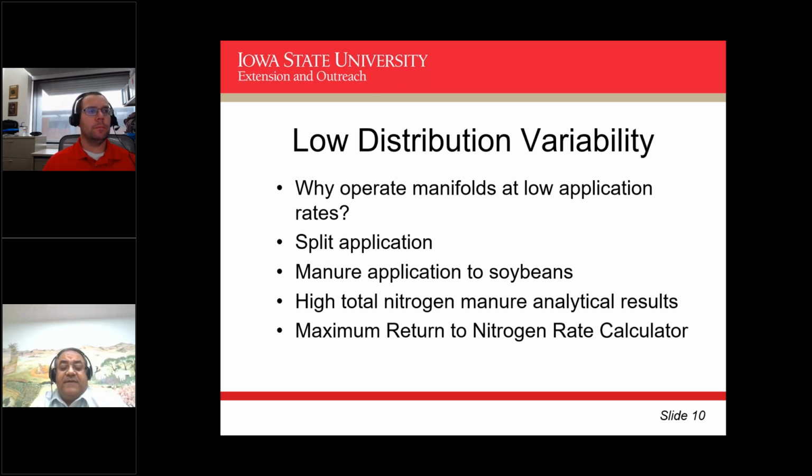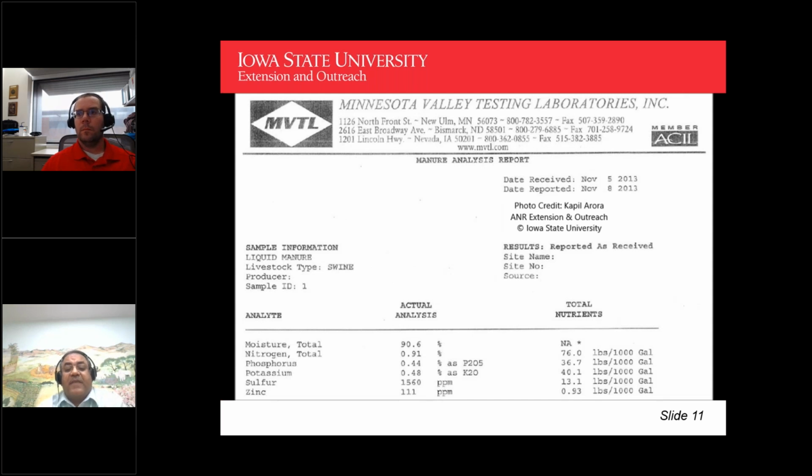And then the fourth reason is we have also switched how we calculate the total amount of nitrogen needed for application for the upcoming crop year. We typically were using the yield goal methodology, but now we are switching over to the maximum return to nitrogen rate calculator, the MRTN calculator, and we'll briefly visit about it.